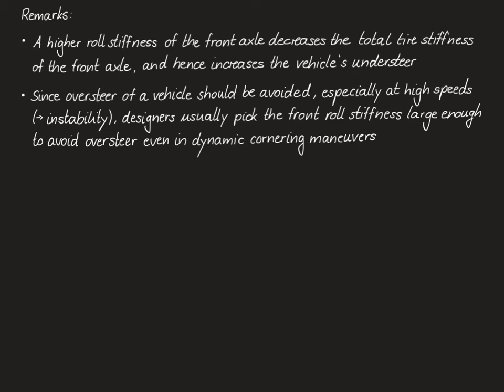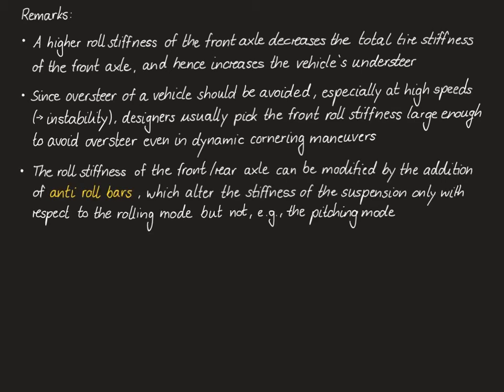Therefore, designers usually pick the front roll stiffness large enough in order to avoid this oversteer behavior, even in dynamic cornering maneuvers. To this end, the roll stiffness of the front and rear axle can be modified, or more precisely, it can be increased by the addition of an anti-roll bar.